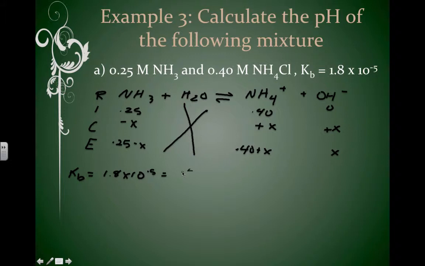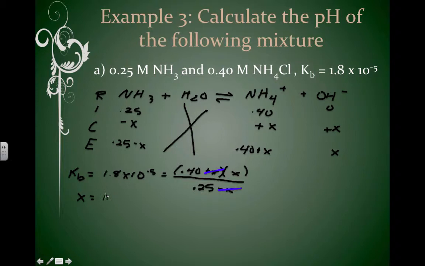So 0.40 plus x times x all over 0.25 minus x. Our equilibrium value is small enough that we can use the small x assumption.